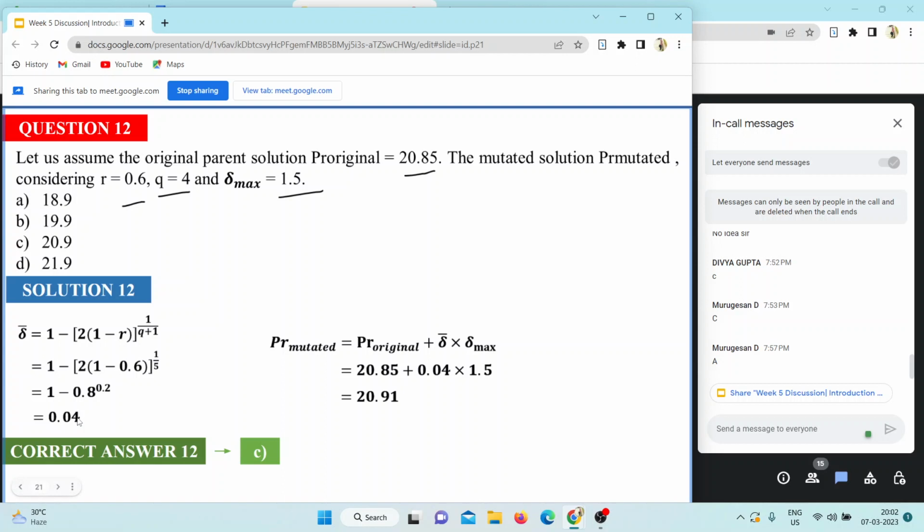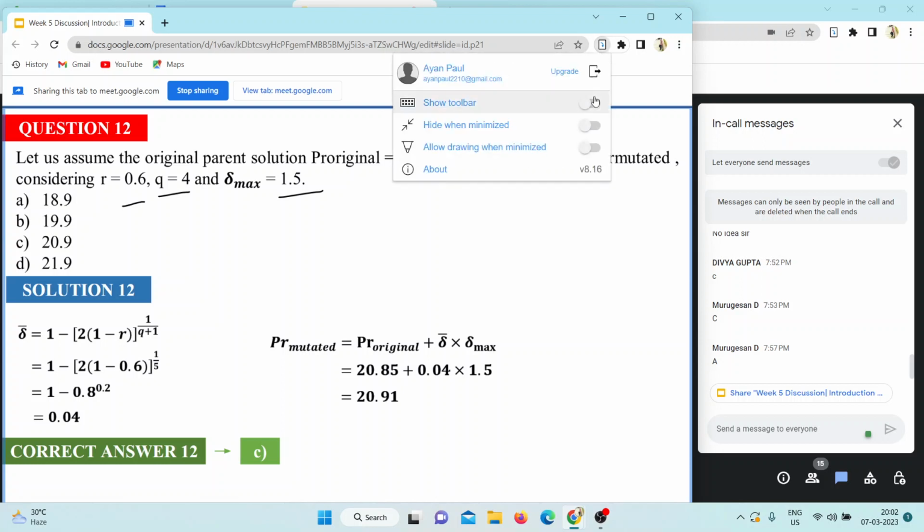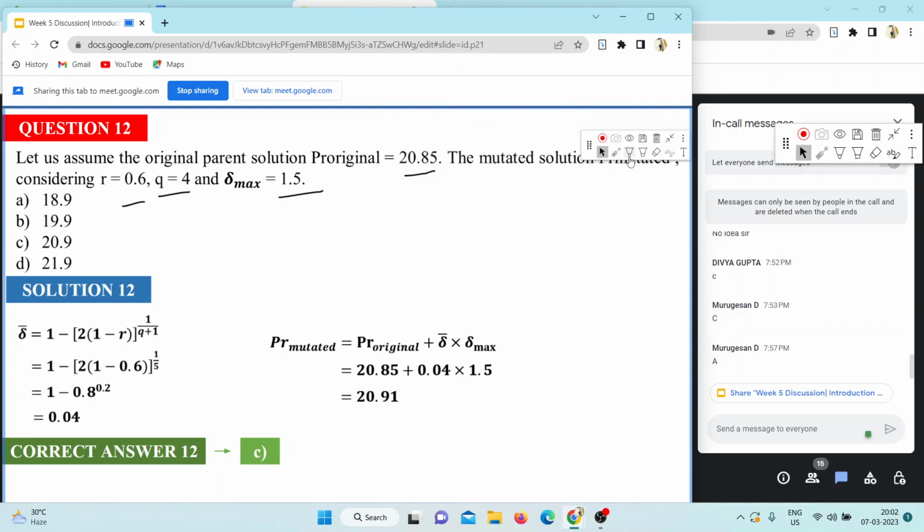Del bar is coming 0.04, and when del bar is coming 0.04, you can use this formula: P mutated equals parent original plus del bar into del max. Del max is given 1.5, so our answer would be 20.85 plus 0.04 into 1.5.